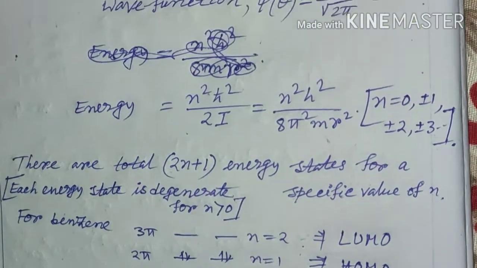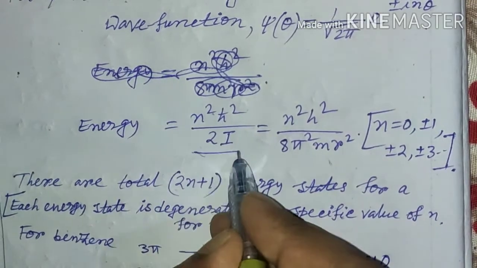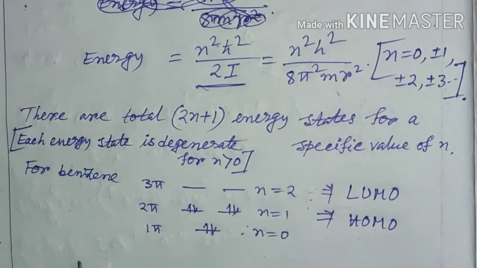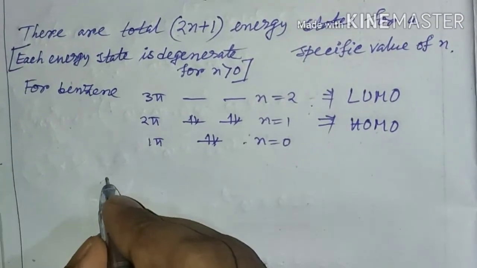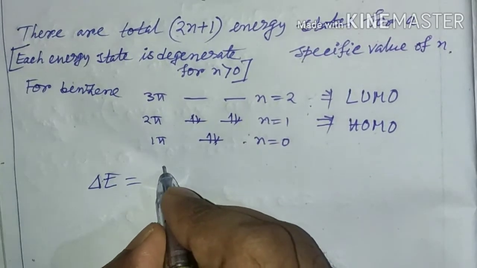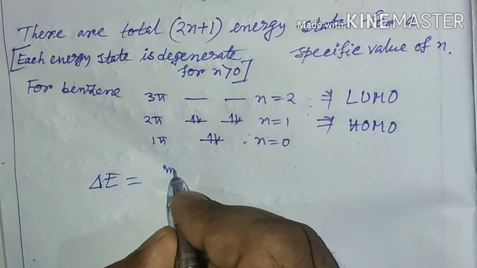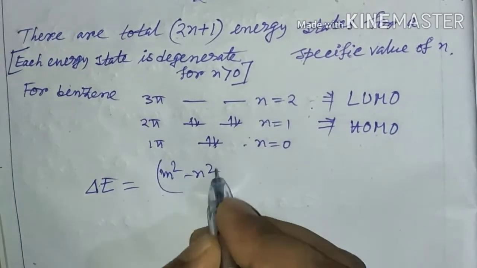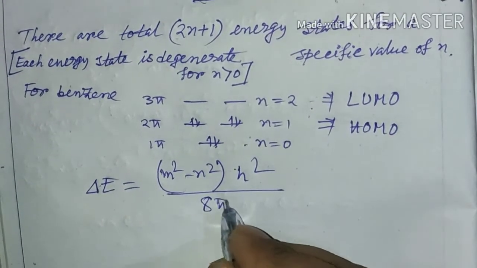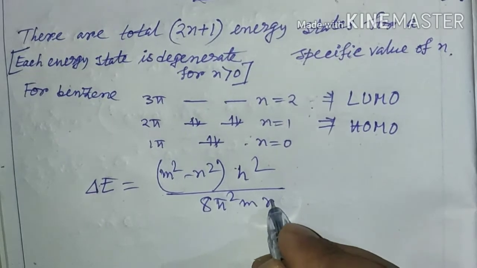Now if we use this expression for calculation of energy, delta E will be (m square minus n square) into h square divided by 8 pi square m r square.